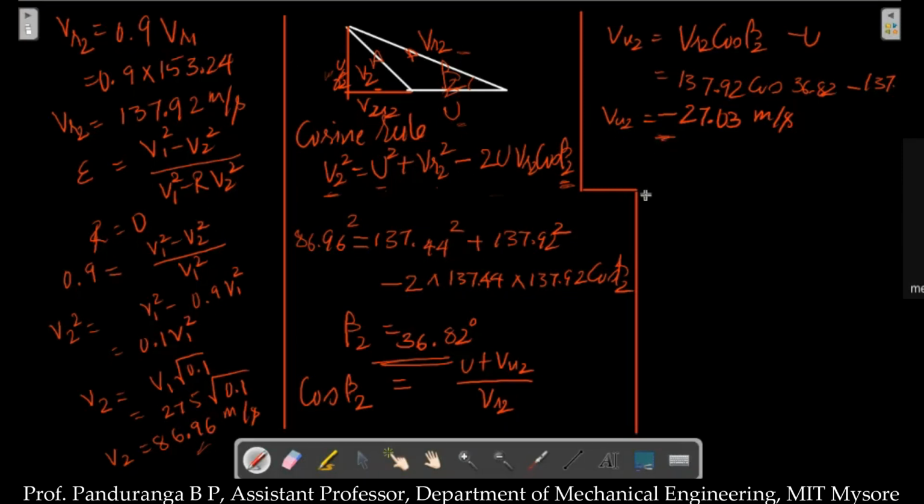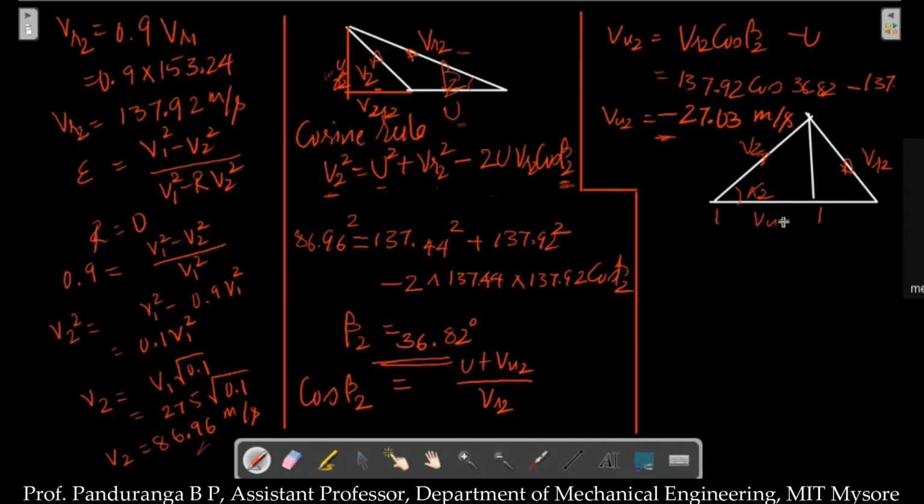So here we have a minus, which indicates that whatever direction we have assumed here is wrong. If I reconstruct the outlet velocity triangle, it will be in this form. So we have the base, here this is V2, this is alpha 2, this is VR2.